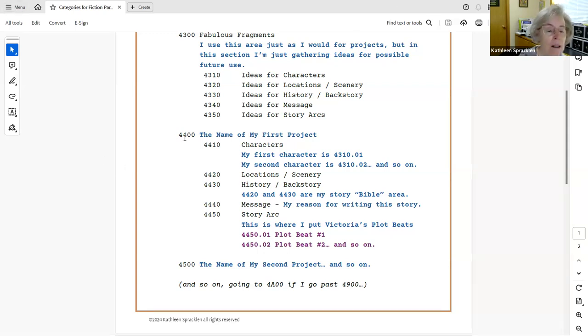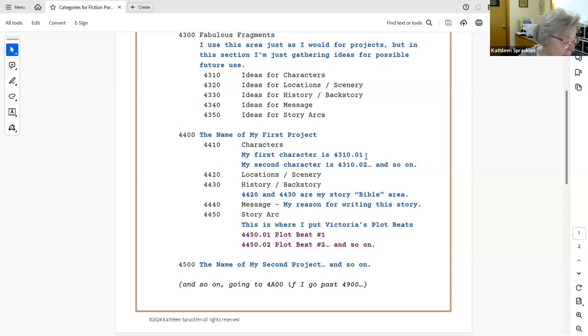So here's the model for each one of my projects. My 4410 area is my characters. I will go more deeply into it on the second page, but I just number my characters using topics. So 4310.01 is going to be my first character, .02 is my second character, and so on.